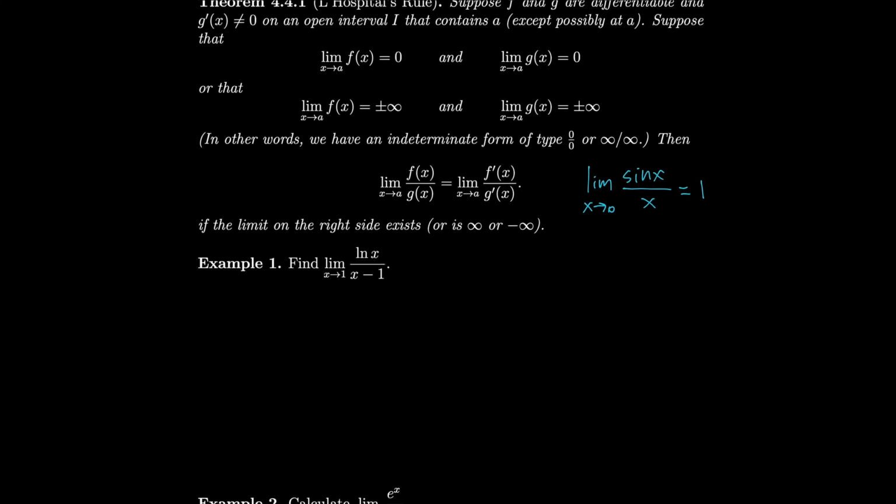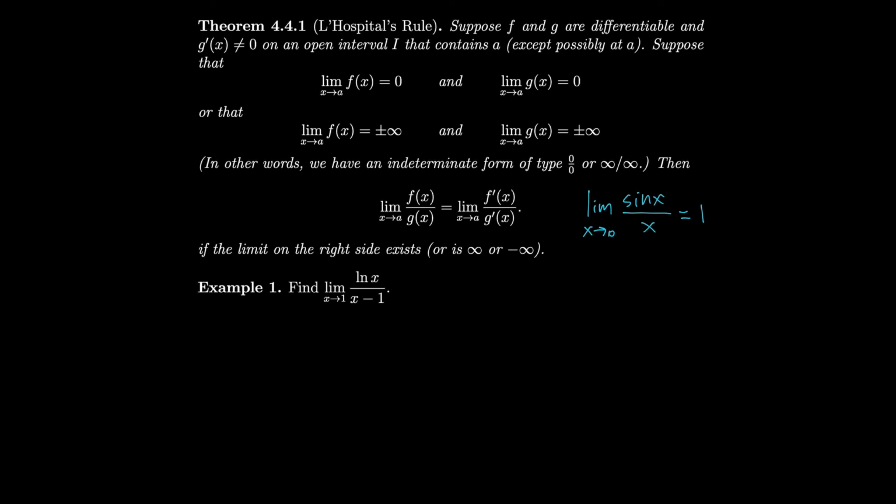So let's try to find the limit of ln x over x minus 1 as x goes to 1. The first thing you have to do whenever you want to use L'Hopital's rule is make sure that you're even allowed to. So let's look at the limit of the numerator. Well, ln x as x goes to 1, you can just plug in 1 because it's continuous.